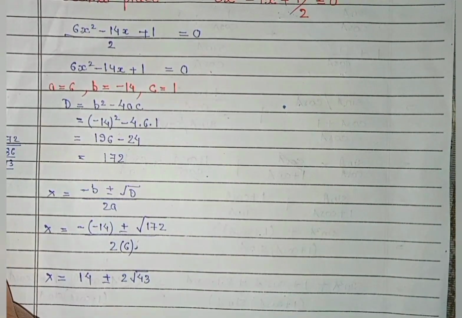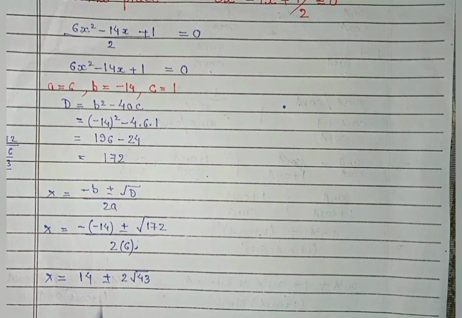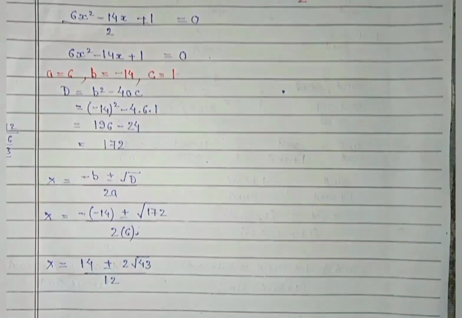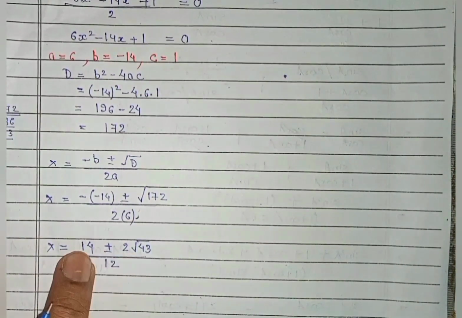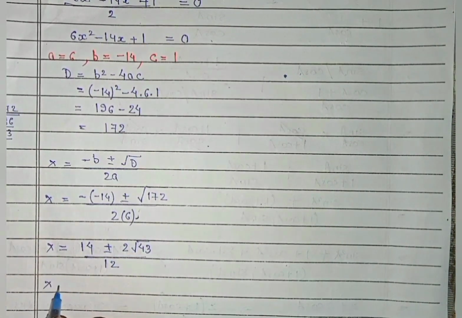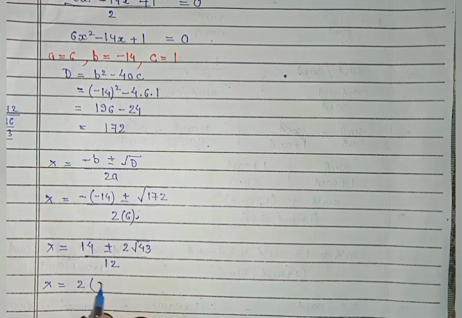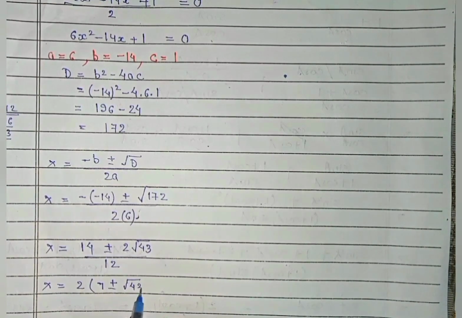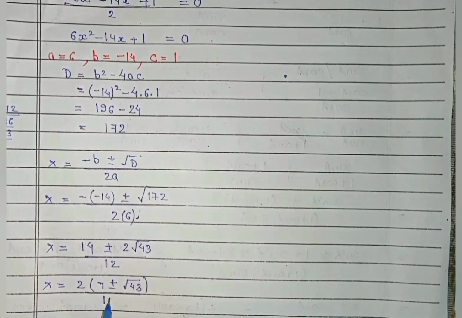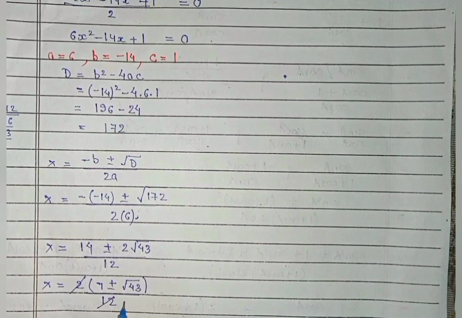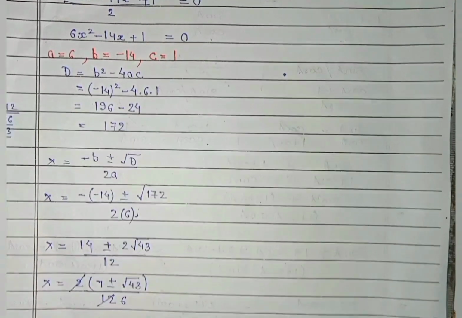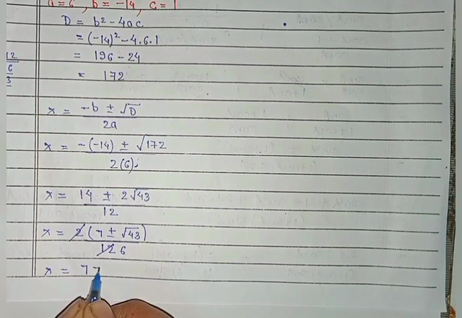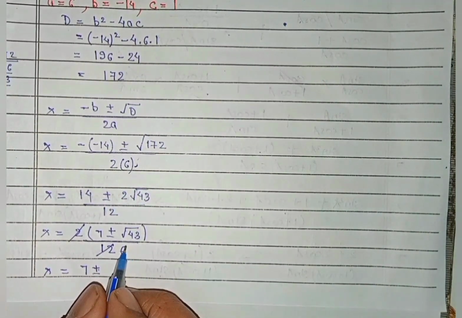The one which is in pair comes out of the root, the unpaired stays inside, upon 12. Now here in the numerator place, you can take 2 common. So if I take 2 common, it will be 7 plus minus root of 43 upon 12. This 2 taken common will reduce this 12. And now we will be writing square root of 43.